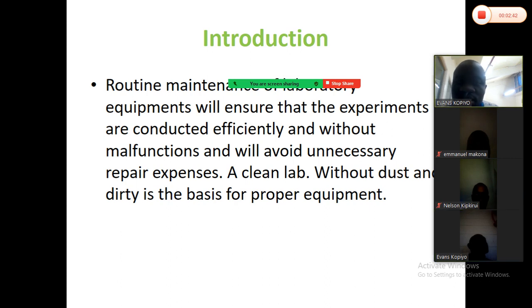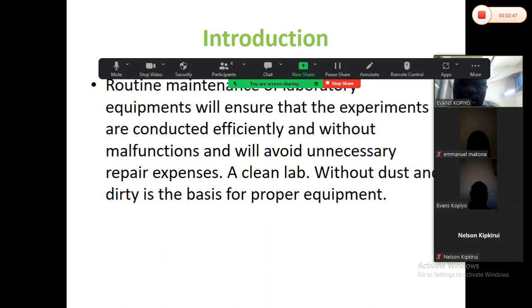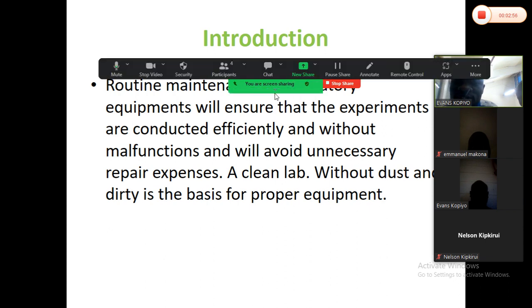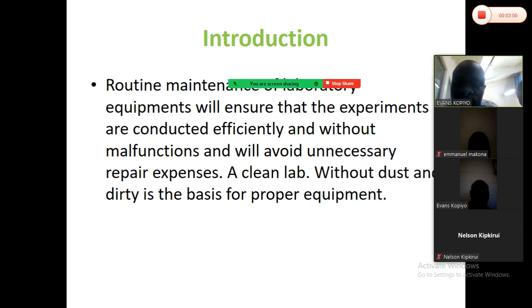Under introduction, routine maintenance of laboratory equipment will ensure that experiments are conducted efficiently and without malfunctions, and will avoid unnecessary repair expenses. In other words, a clean laboratory without dust and dirt is a basis for proper equipment.